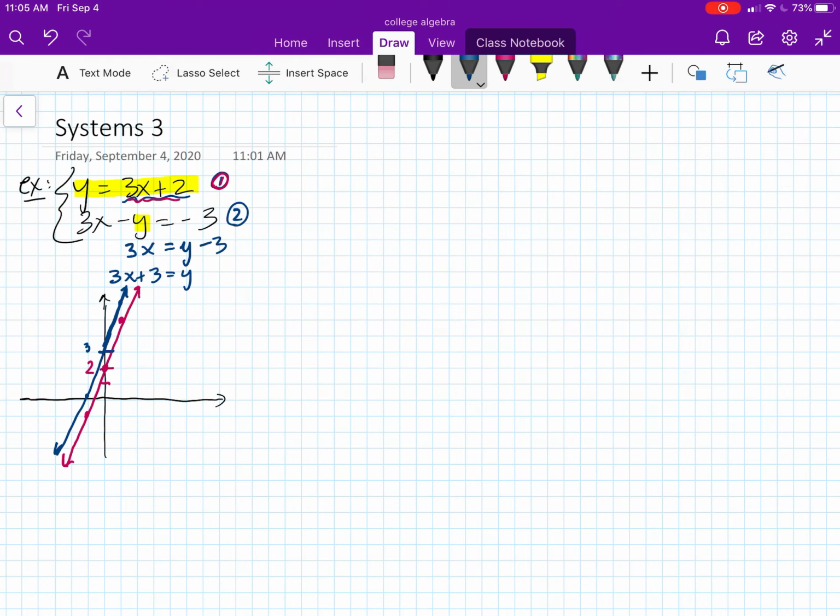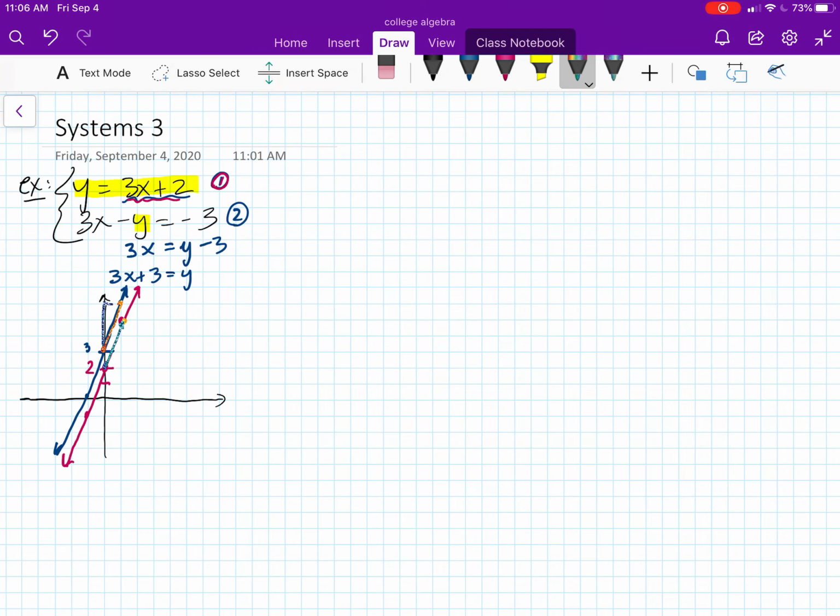Probably could have used an align tool and made this a little more accurate, but that's okay. So where is the point of intersection? Sometimes on a graph it is a bit challenging to tell, but this one is easy because they have the same slope. The rise and run here tells me this will never intersect, because as this point goes up 3 and over 1, so does this point.